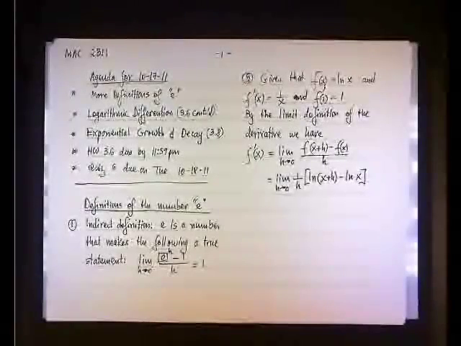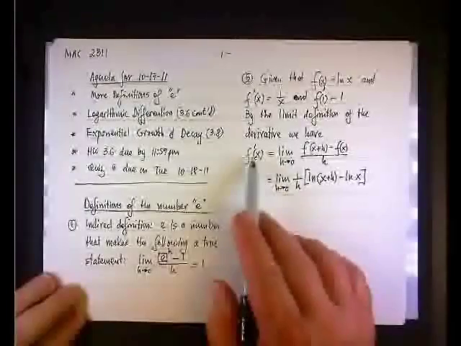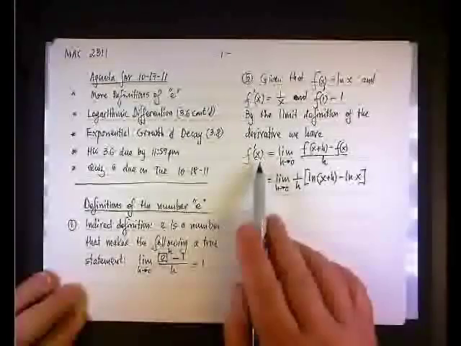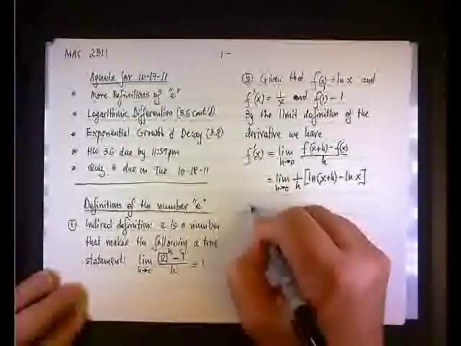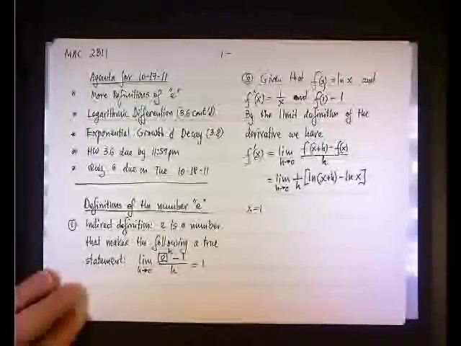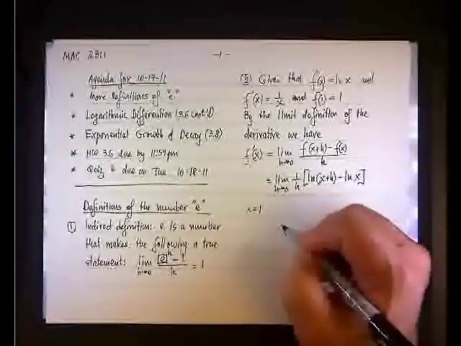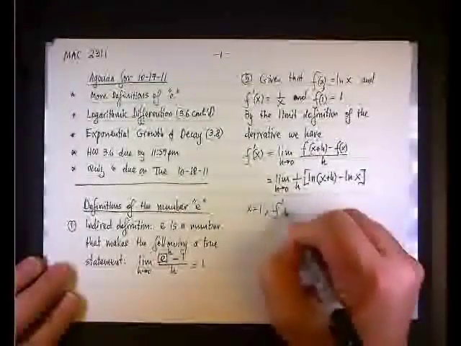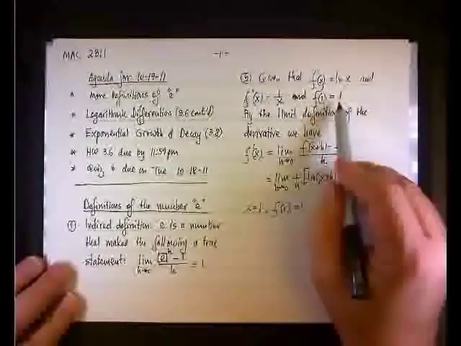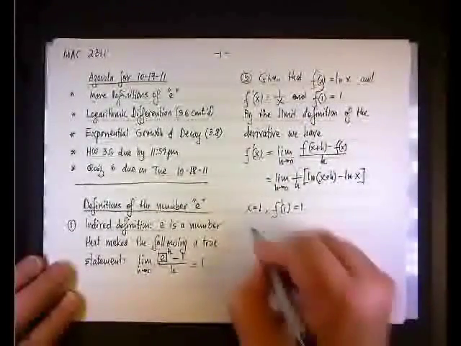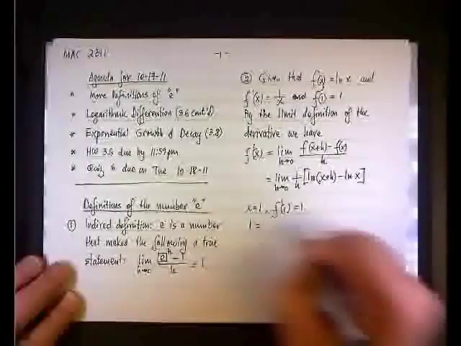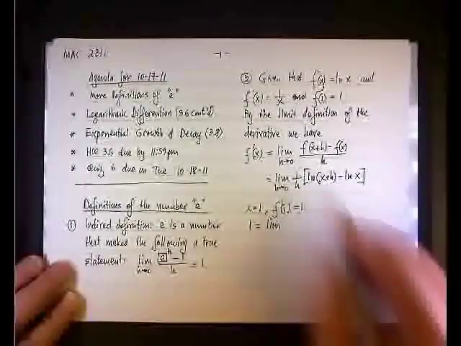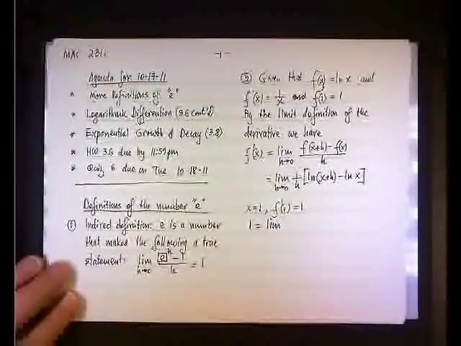So this is what we are working on, and now, since I know already that f prime of 1 is 1, what we're going to do, we let x equal 1, right? And f prime of 1, as we stated here, equals 1. So on the left side, we'll have f prime of 1, which is 1, and on the right side, we have the limit, except in this case, we're going to substitute x with the number 1.